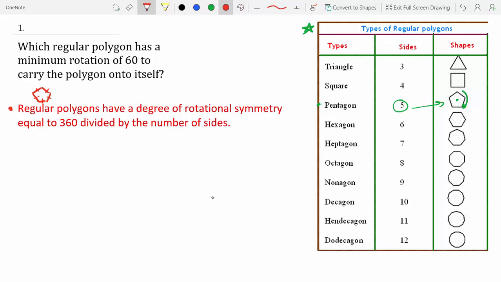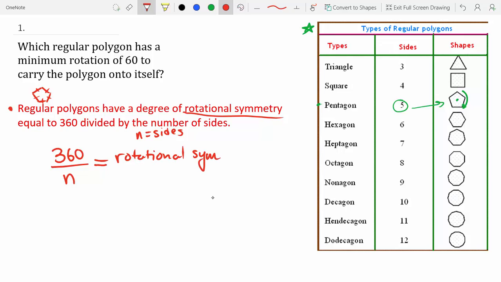Okay, so regular polygons have a degree of rotational symmetry equal to 360 divided by the number of sides. So if I take 360 and divide it by the number of sides, that will give me rotational symmetry. Okay, so I'm using a variable n to represent number of sides.